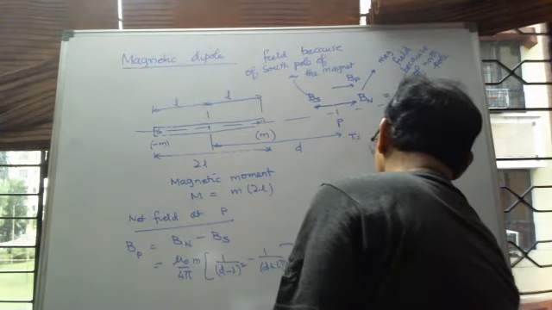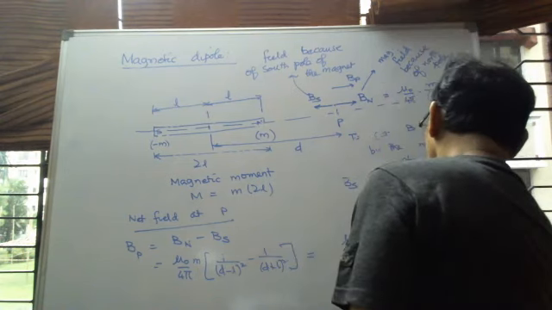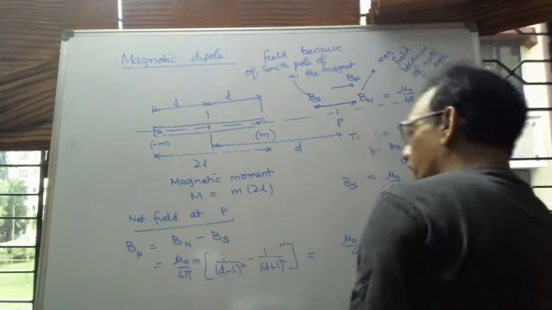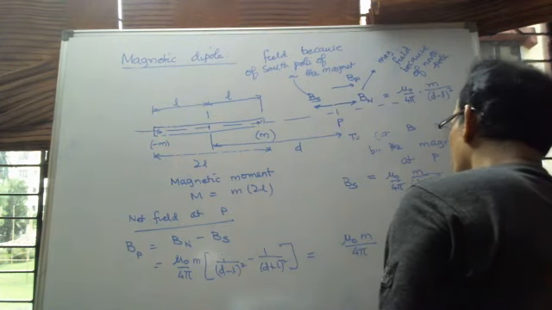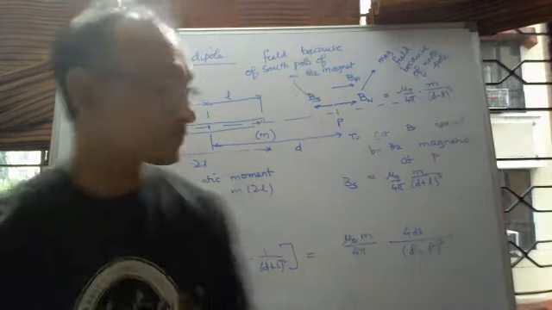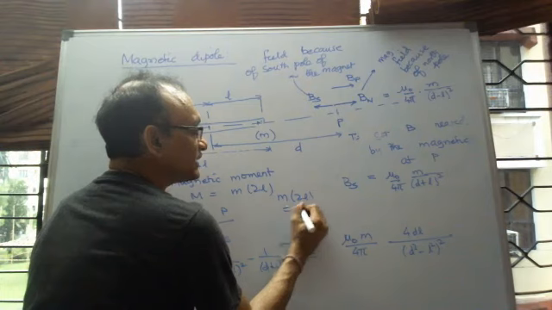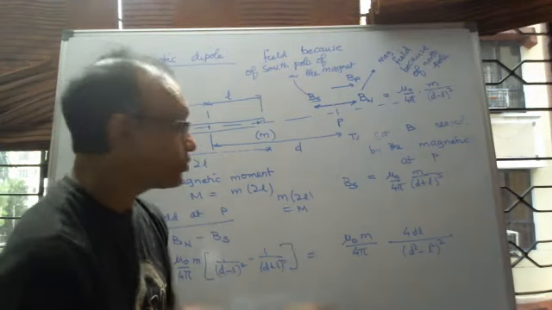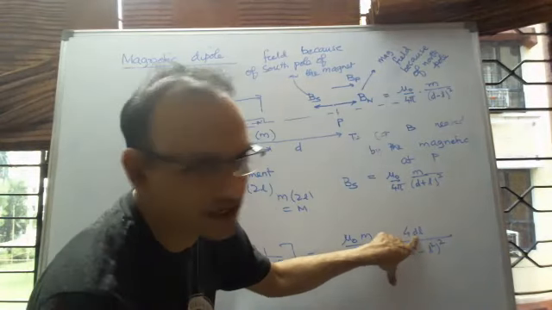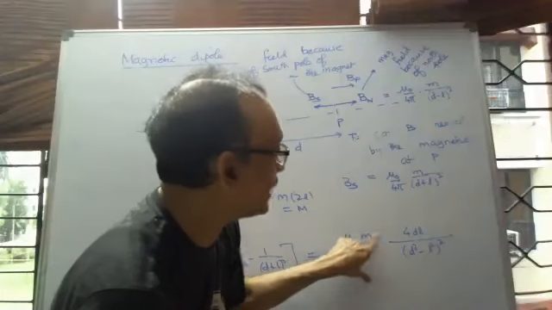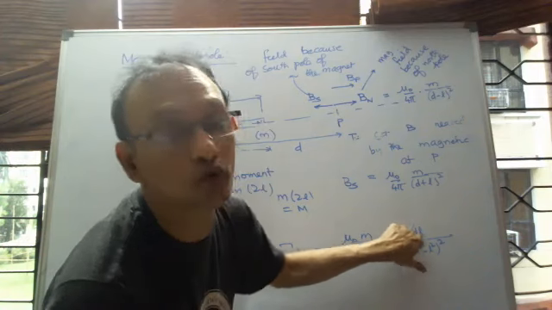Mu naught M by 4 pi, D plus L whole square. So ये 4DL हो जाएगा. D plus L whole square minus D minus L whole square denominator में आ जाएगा, D squared minus L squared to power 2. Yes or no? Now, if M into 2L is the magnetic moment, तो यहाँ M into 2L ले लोगे तो m आ जाएगा, तो 2md आ जाएगा ये, क्योंकि m into 2l कैपिटल M हो जाएगा, magnetic moment of this magnet into d, so 2md हो जाएगा ये.